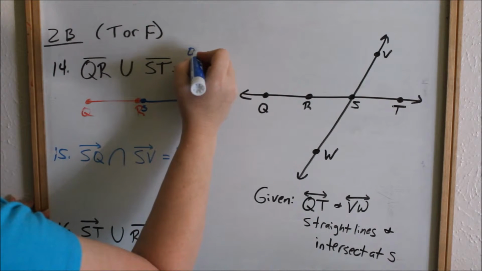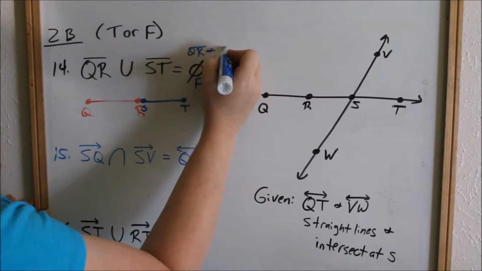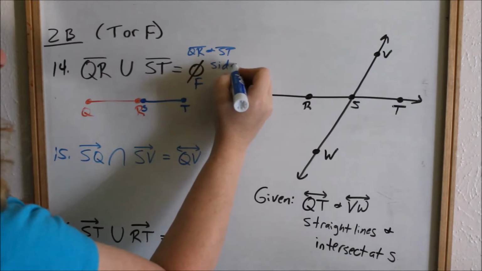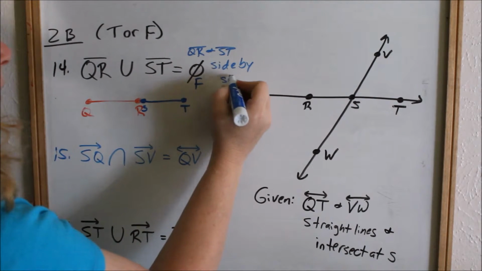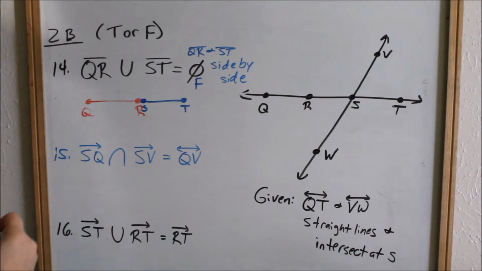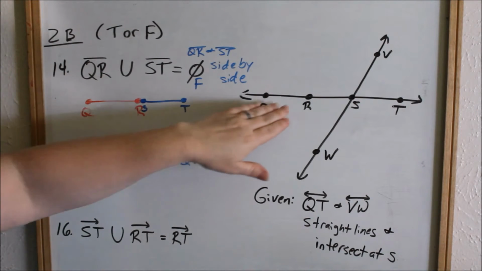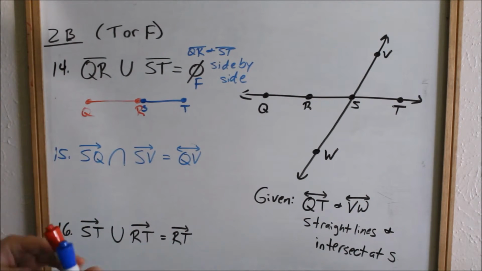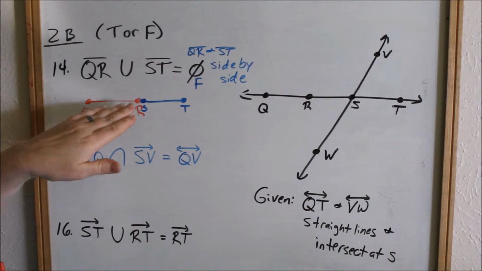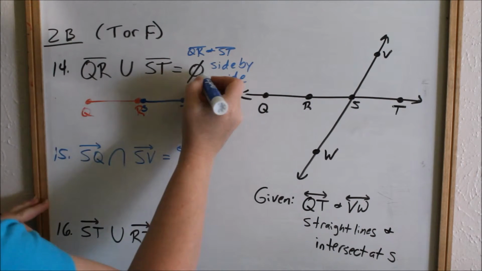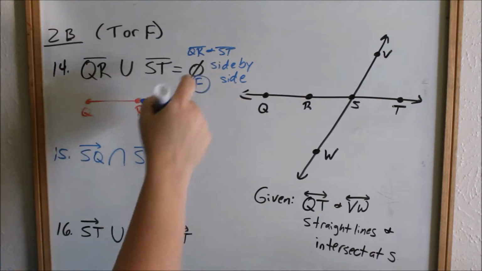It's just QR and ST side by side, if you want to write it that way. They don't ask you to write what the actual answer is. They just want you to know is it true or false. I just want you to know that you can take two line segments and put them together. It's just two line segments side by side. So false was your answer, and this is why.